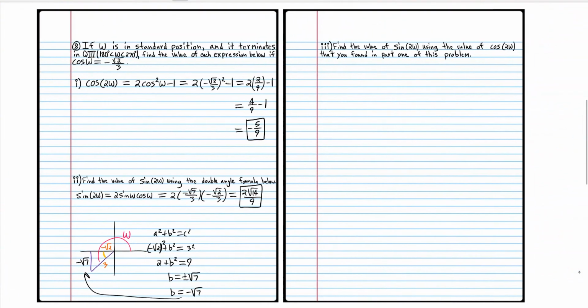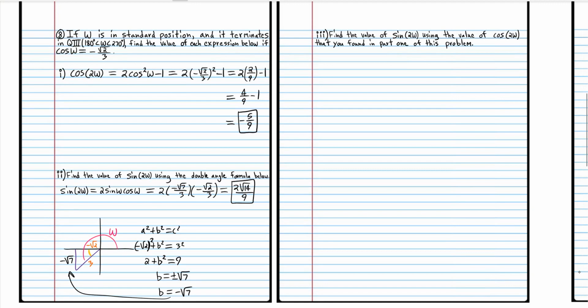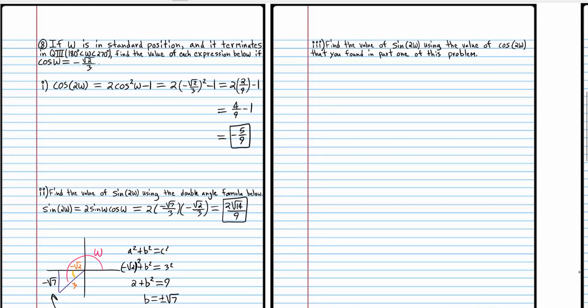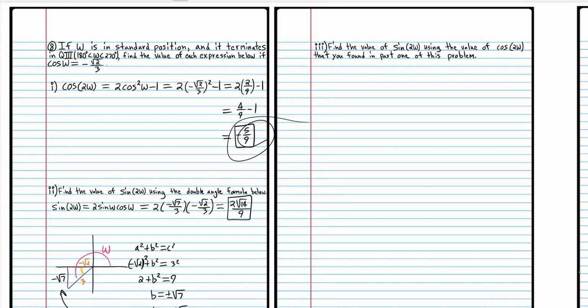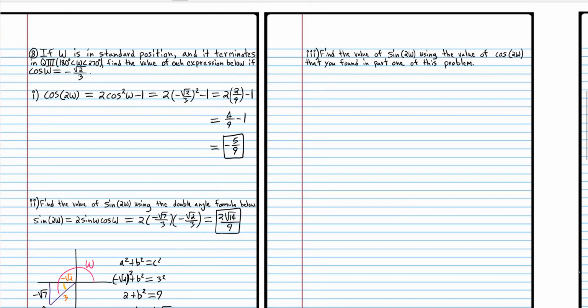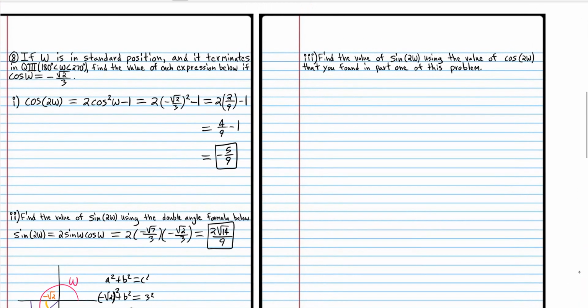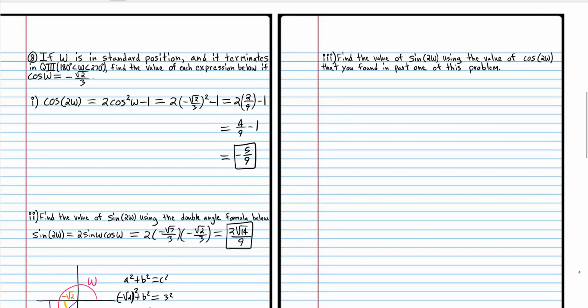But now we're going to use a different method. We're going to use the value of cosine 2 omega to find the value of sine 2 omega. Remember, when you have one ratio, you can find the other 5. But we're told that omega is between 180 and 270 degrees.